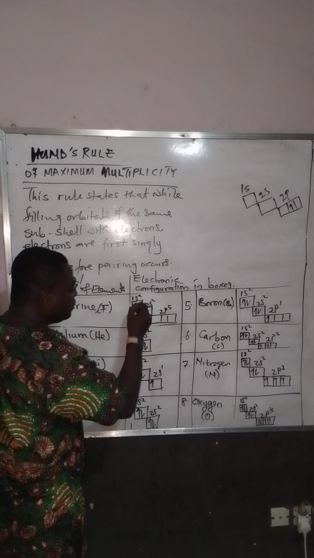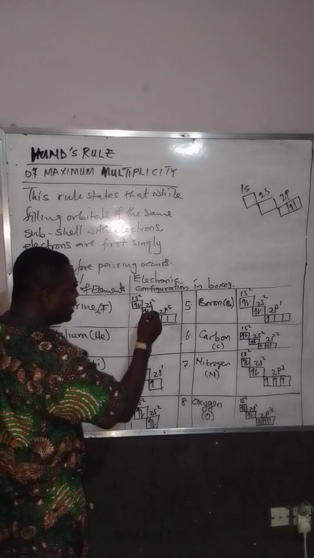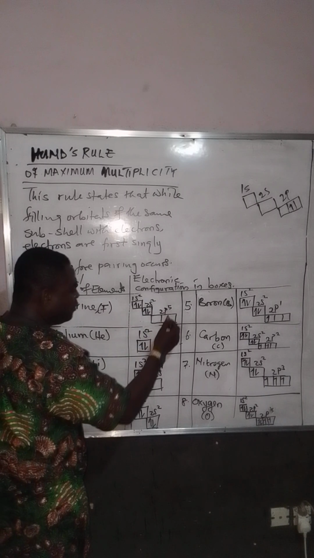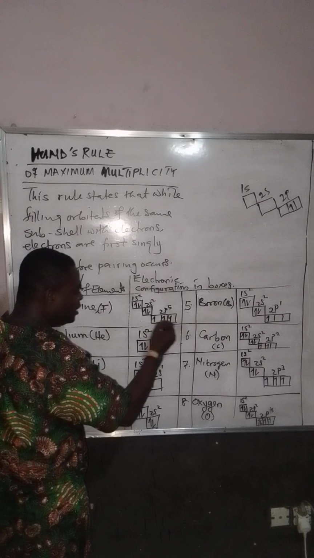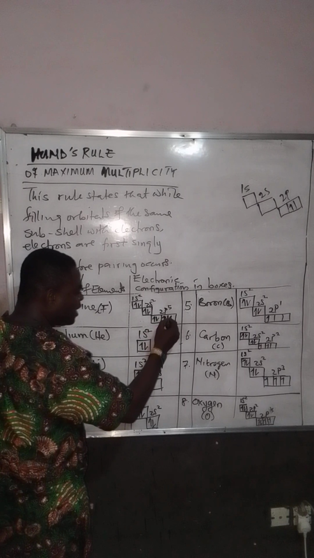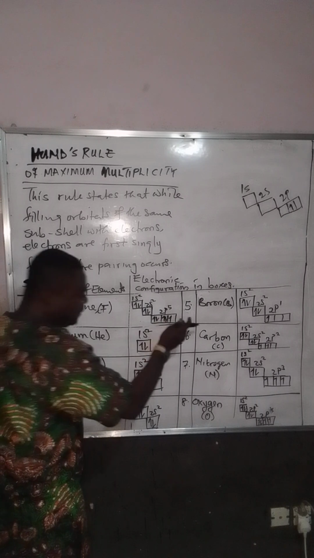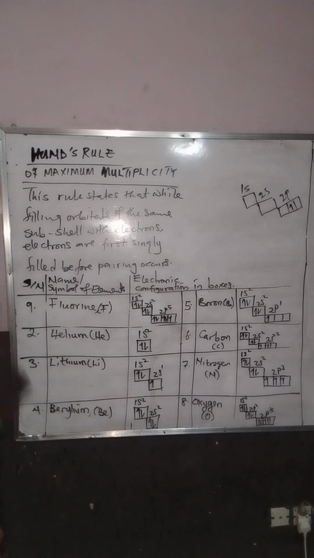Put 1 here, 1 up, 1 down, then 5 into 3 boxes. Fill singly first, 1, 2, 3, 4, 5. Fill singly before pairing. That is the summary: fill singly before pairing.